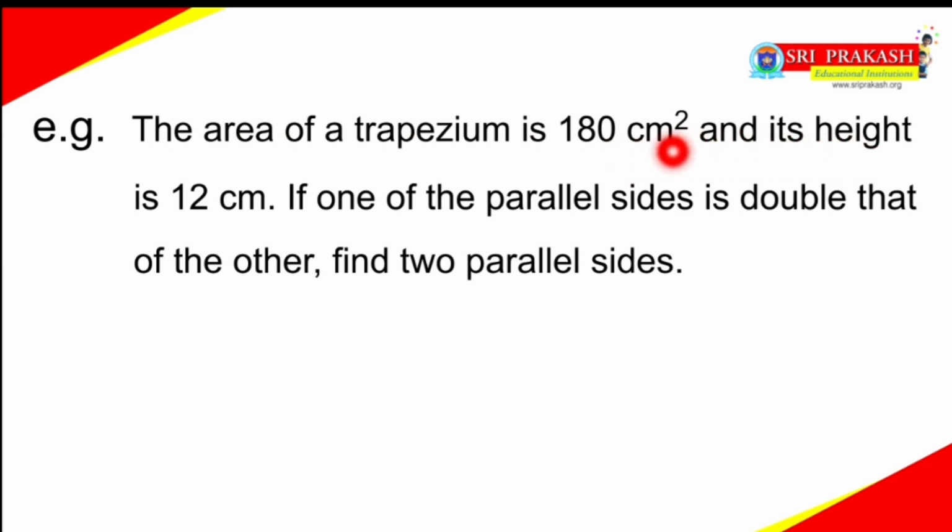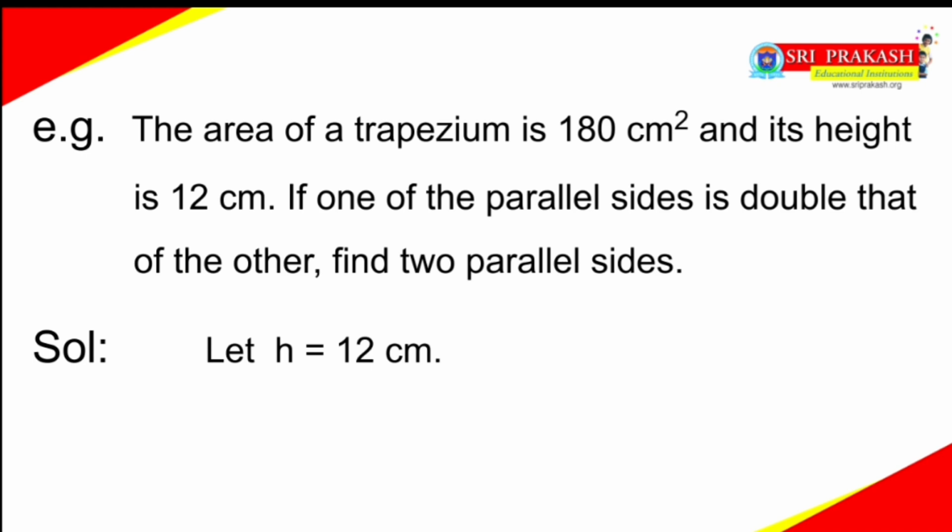Next, the height of a trapezium is also given. Next, the relation between the two parallel sides is given. That is, one of the parallel sides is double the other. Then we need to find what are the lengths of the two parallel sides. Let us start.